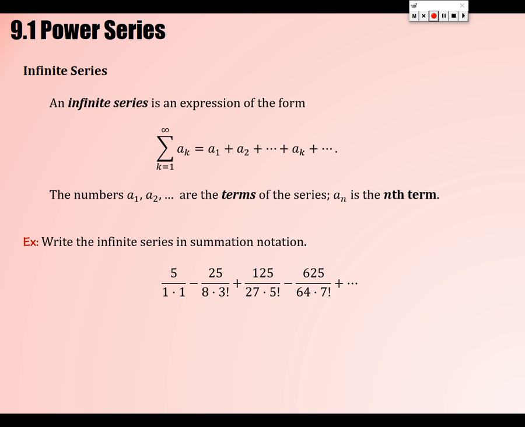Anyone want to venture into this one? I used K up here. You want to use K? You can use I, J, something near the middle of the alphabet. Whatever you like, M, N. I try to give you as interesting a one as possible.